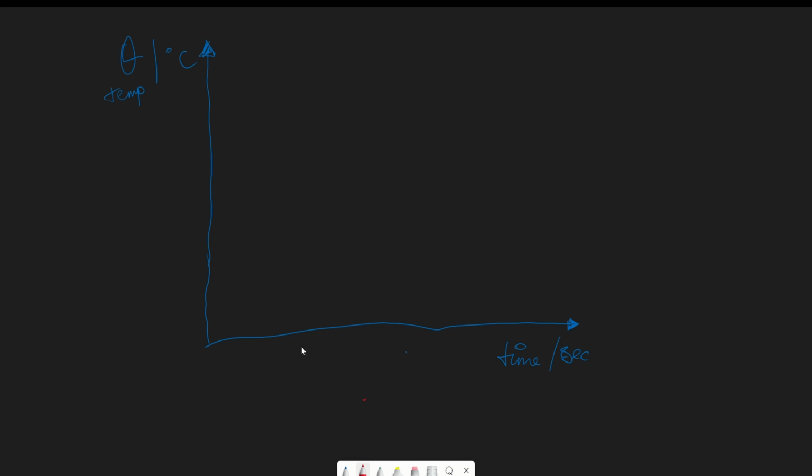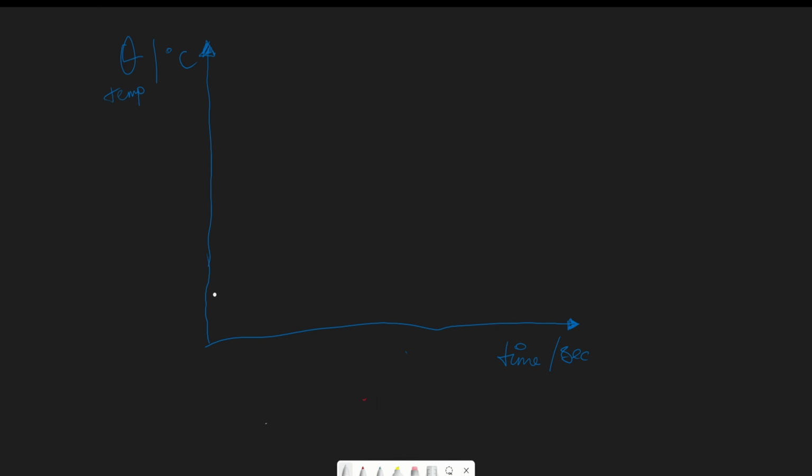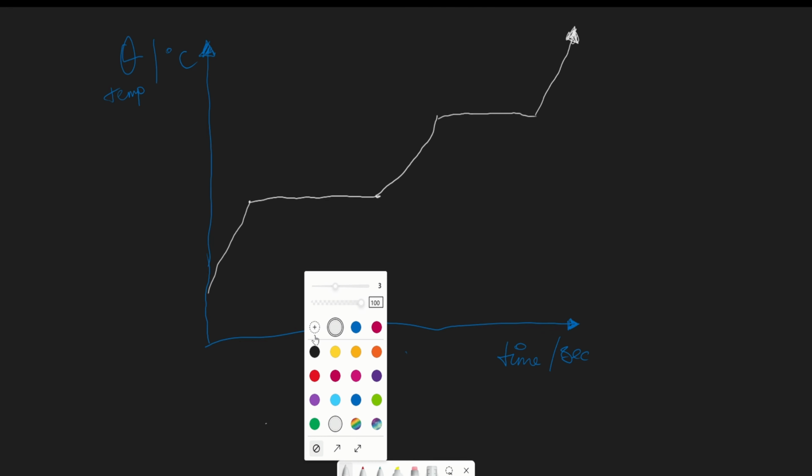So let's look at the graph. It's going to look something more like this. Let me use a different color so it's very easy to see. Obviously, these are going to be straight lines, and it's going to continue. So there are three sections, I'd say.